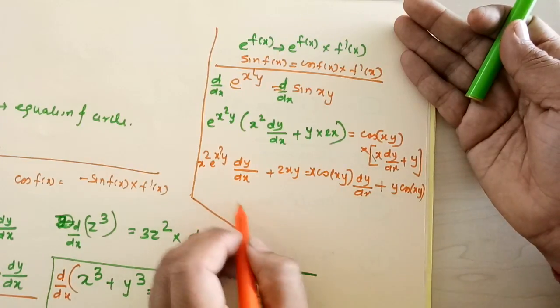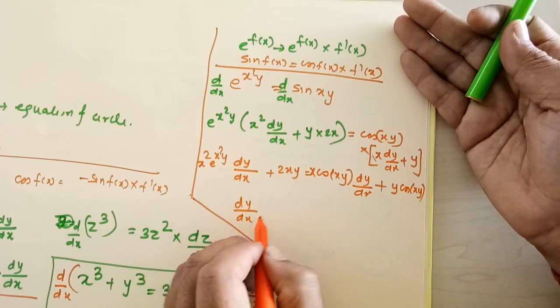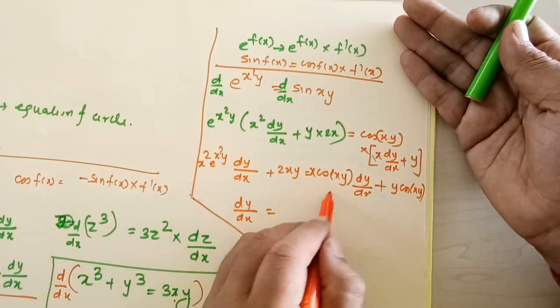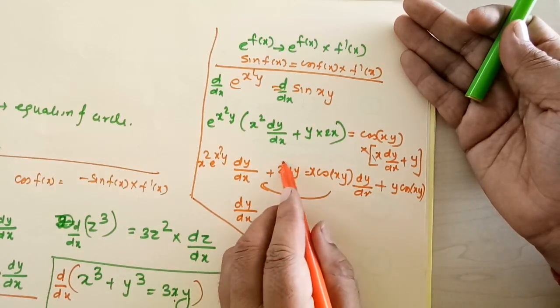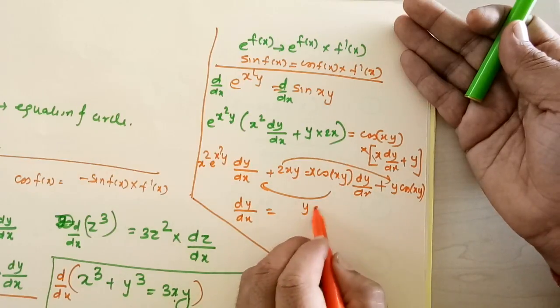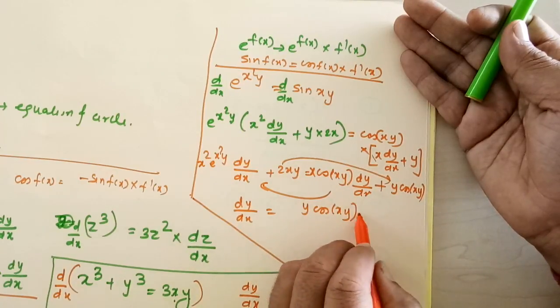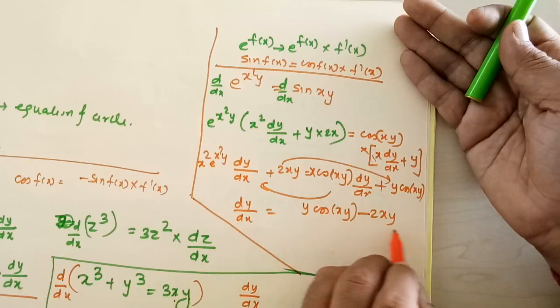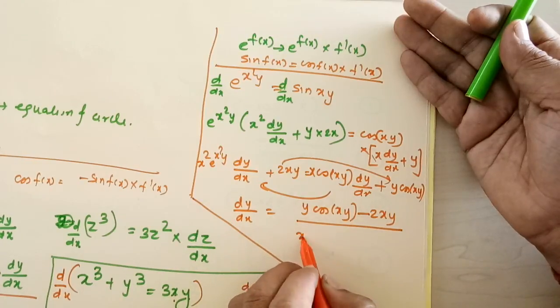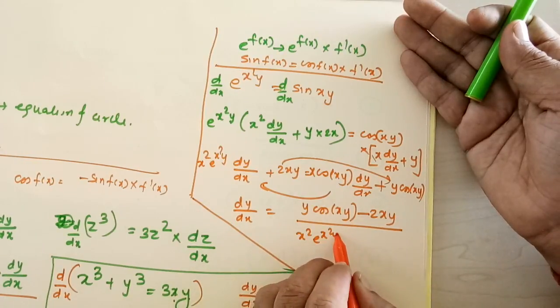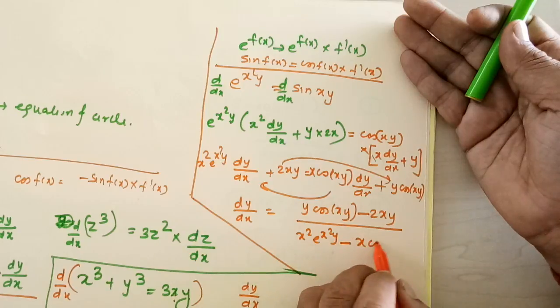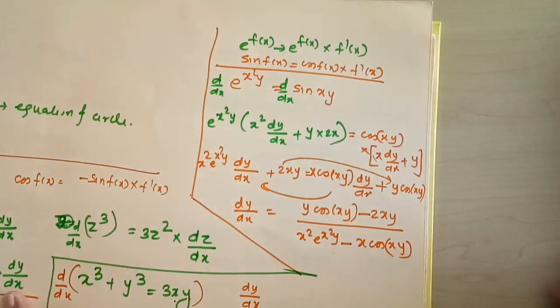Now when you take dy by dx common, collecting this thing on this side and sending that thing to the other side, you're going to get y cos xy minus 2xy e to the power x squared y upon x squared e to the power x squared y minus x cos xy. This is the final derivative.